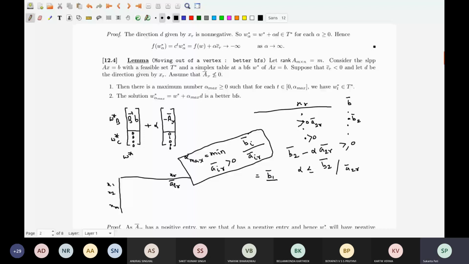Assume that the maximum is attained for the first row. Then what does it mean? If you look at W star plus alpha max times D, the first entry will be 0, because the equality is attained. That means the first variable, which was basic, I can now make non-basic. So this will go out.